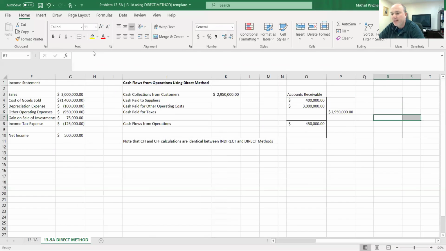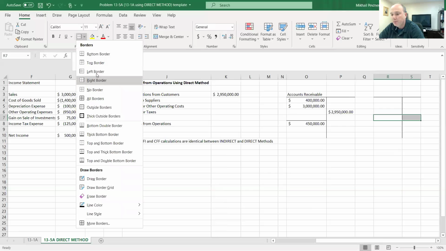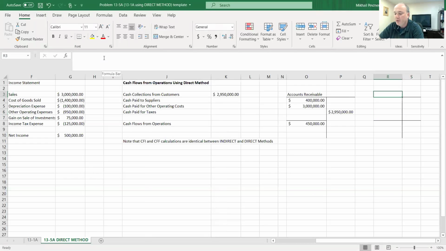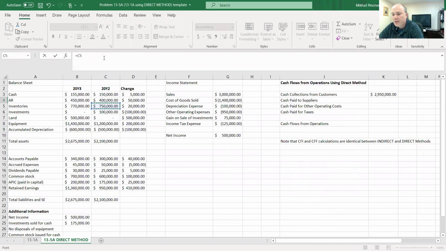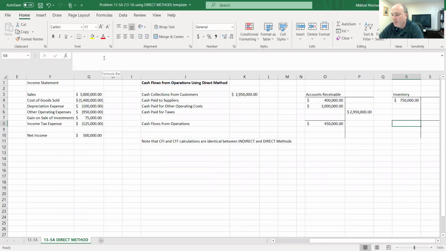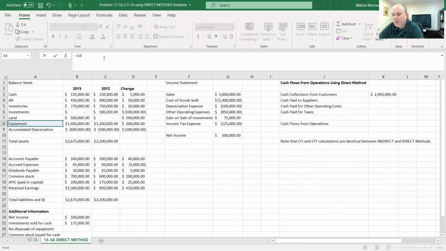Those purchases are then paid off through accounts payable. That's how we're going to assume it. So I'm going to put inventory here. Now, what was my inventory? Well, my beginning inventory was 750,000. My ending inventory was 770,000.